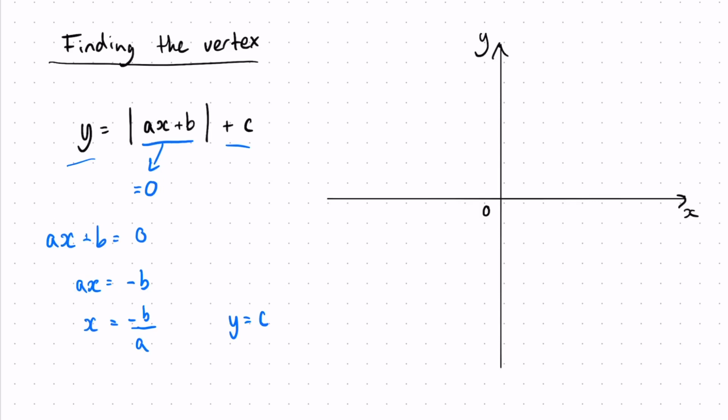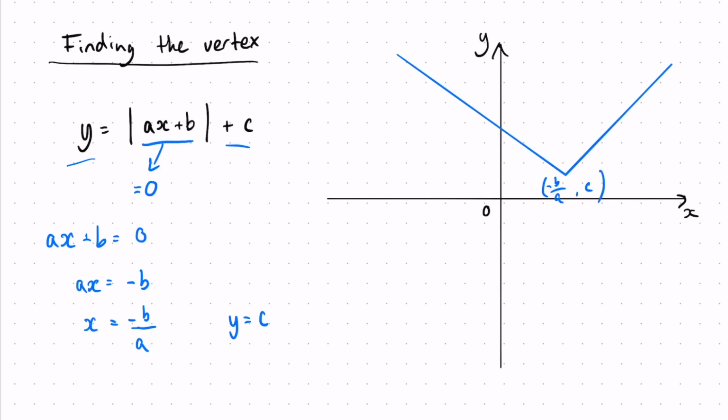Because if this is 0, c tells you how high or low it's going to be. So the basic form of this graph is something like this, with a turning point at minus b over a, c.